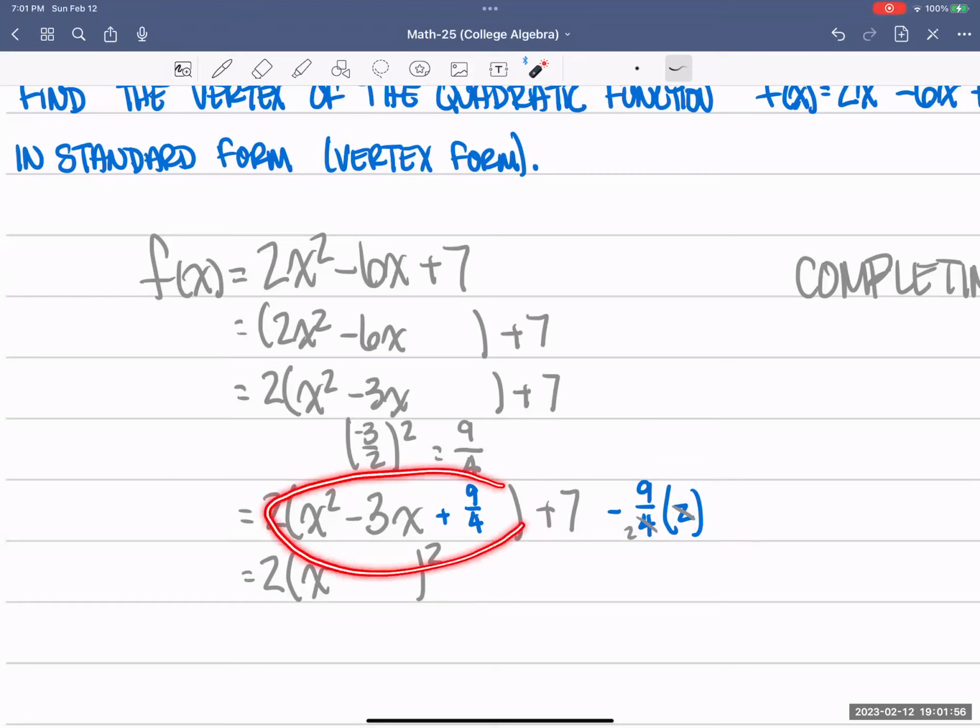Over here, we look at this minus sign in front of our b. So that's going to be minus, and the square root of 9/4 is going to be negative 3/2. And this whole part in here is exactly this part right here.